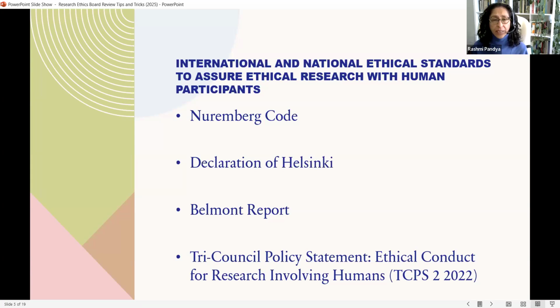Some highly, highly problematic research from an ethical perspective, not to mention that there certainly wasn't consent. The Nuremberg Code is a code of 10 basic ethical principles. From that came the Declaration of Helsinki, and it's gone through a few ratifications over the years and is updated on a regular basis.